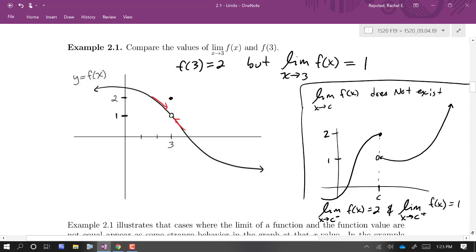Right? So give me any epsilon, tiny as you want, and I could find a delta within c to get there. Since this is a right-handed limit, we're approaching it from above, I'm only considering an epsilon band on one side, or a delta band on one side.